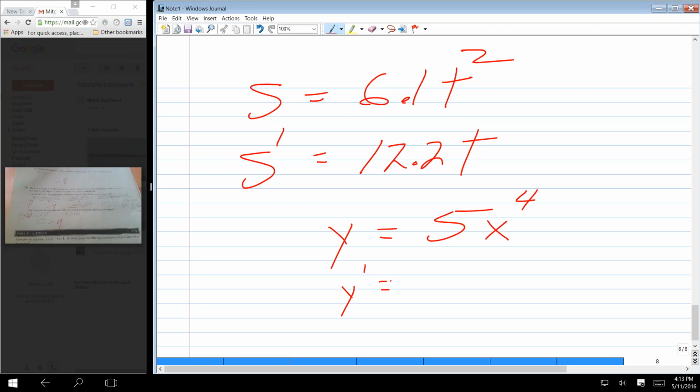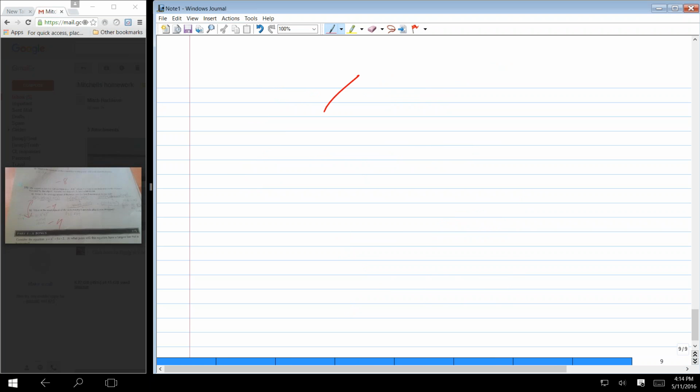It would be 125. Start with the exponent, multiply it by the coefficient. So just 20 and then x. Subtract 1 from the exponent.